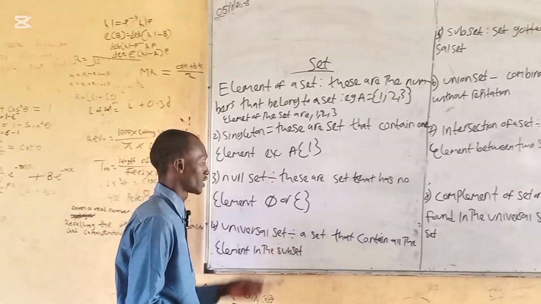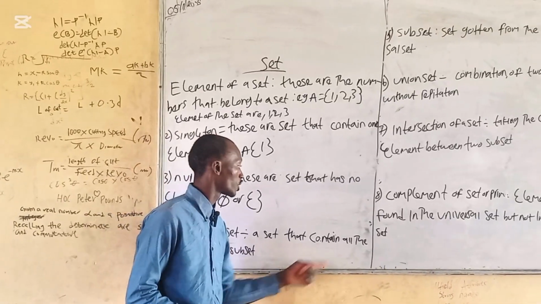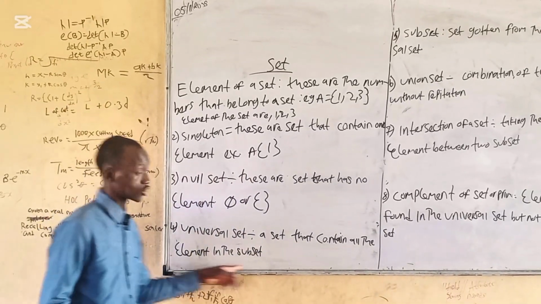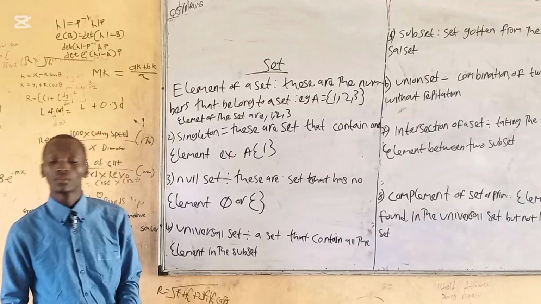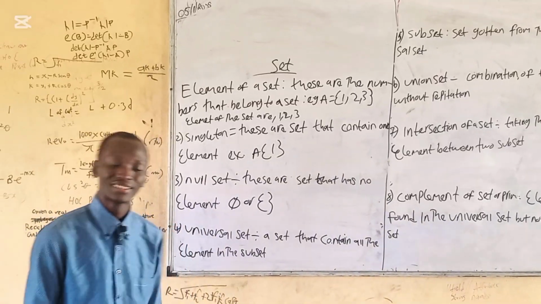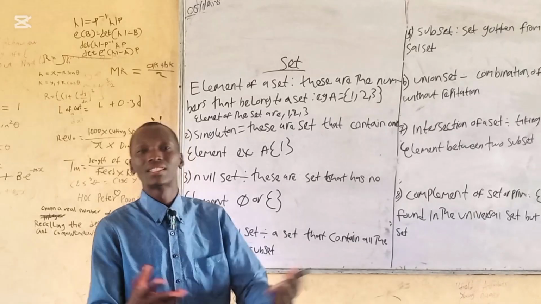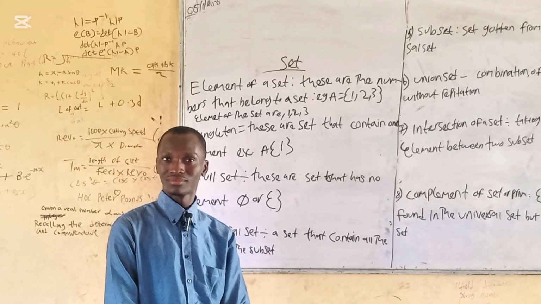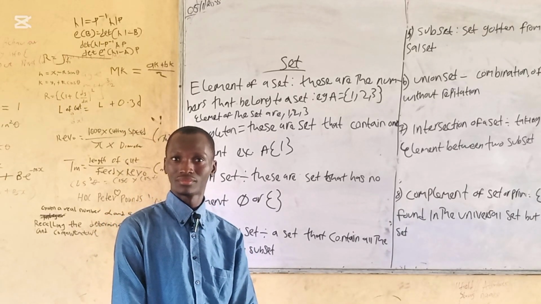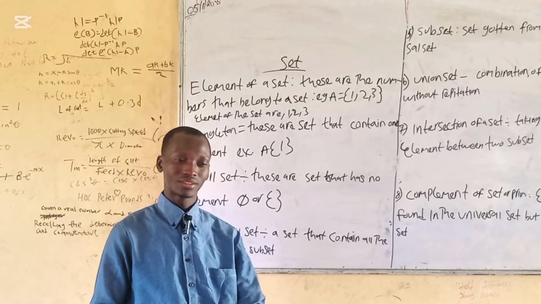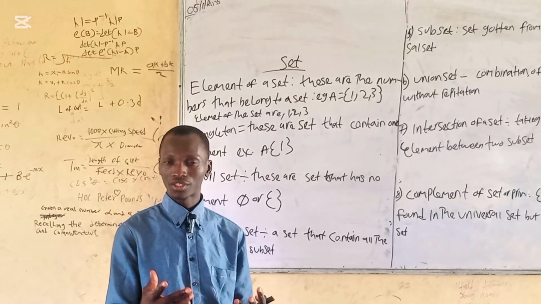Then now how about the universal set? There is a set that contains all the elements in the subsets. I begin to imagine a set that contains all the elements in the subsets. Okay, what is that subset? The thing is, it's getting interesting, right?